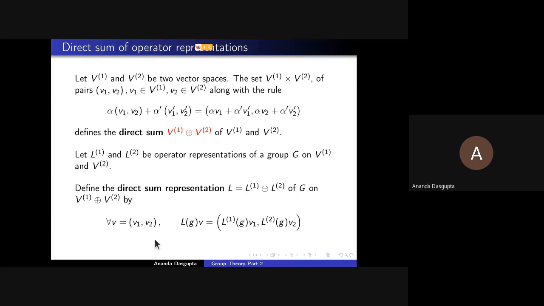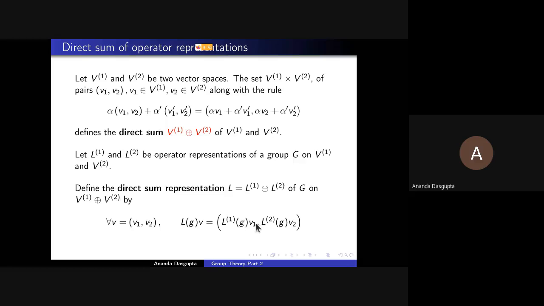But let's just say that I choose a subset of these vectors, which are arbitrary vectors from V1 and zero vector here, always. If I take this subset, which is also a subspace of the direct product space, which is essentially the same space as V1, I've just taken a fixed vector V2, which is the null vector here, and taken all vectors from V1. If I apply LG on that, what will happen?